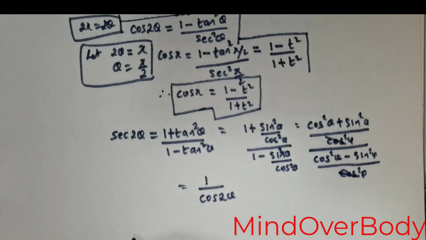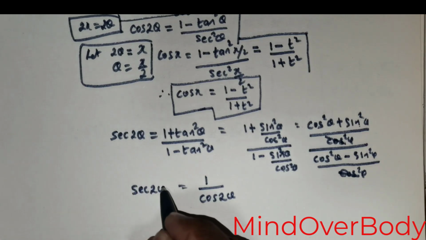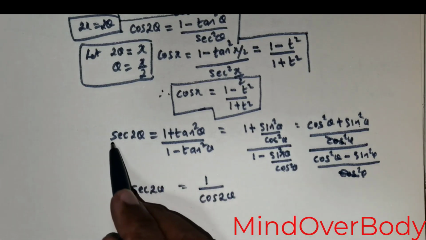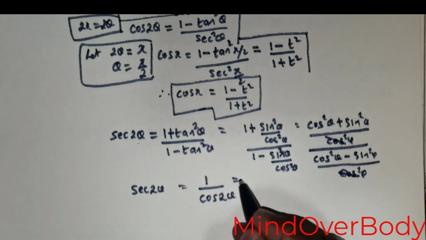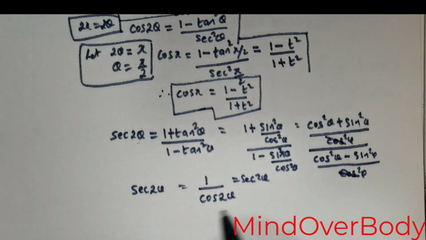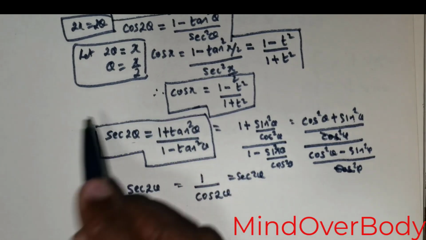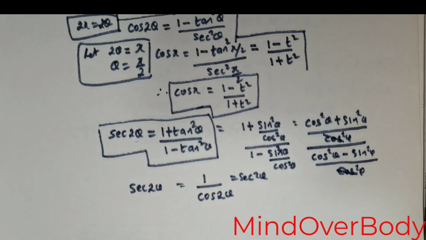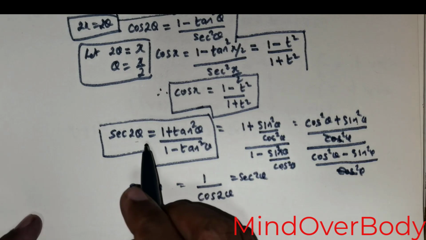So my sec 2θ has a representation in this fashion. But what is 1 over cos 2θ? It is nothing but sec 2θ. So I did all this just to show you that this representation is valid. Now what I want is to get sec x from here.